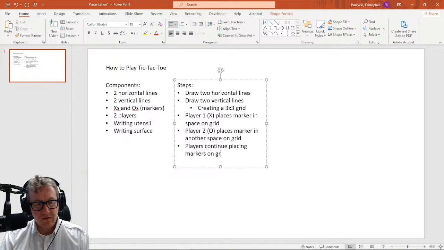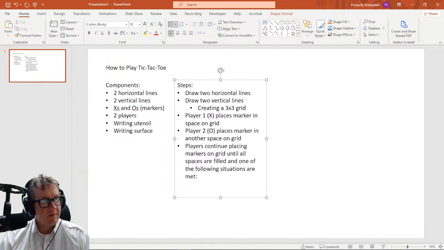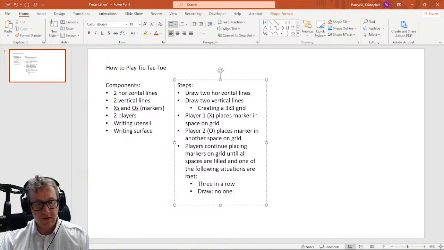Markers on grid until play results in, till all spaces are filled and one of the following situations are met. 3 in a row. Draw. No one places 3. Okay.